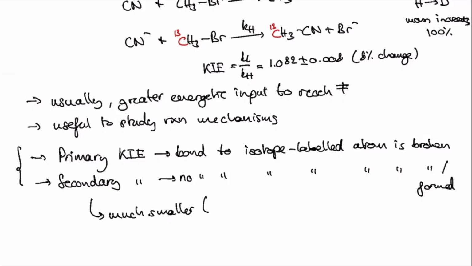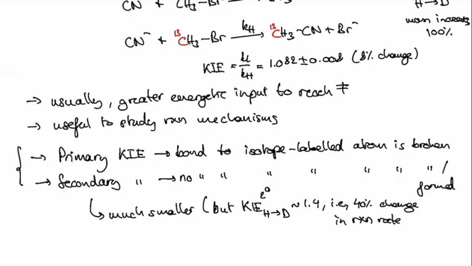But for example, the secondary KIE of hydrogen to deuterium, because there's such a big mass difference, can be up to 1.4. That means a 40% change in the reaction rate, right?